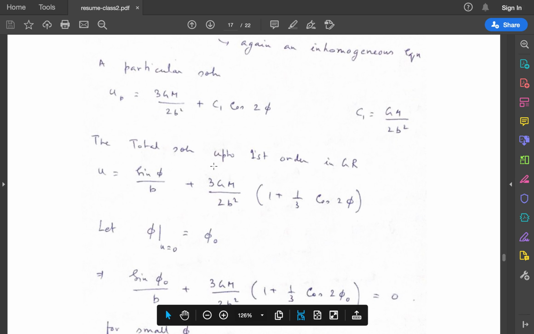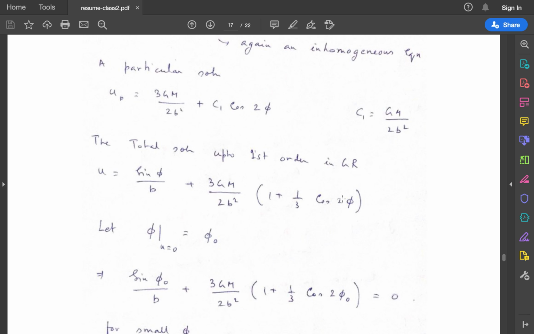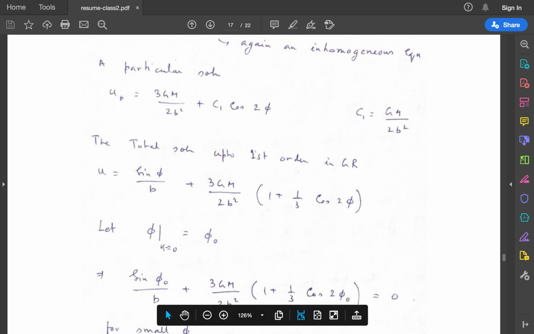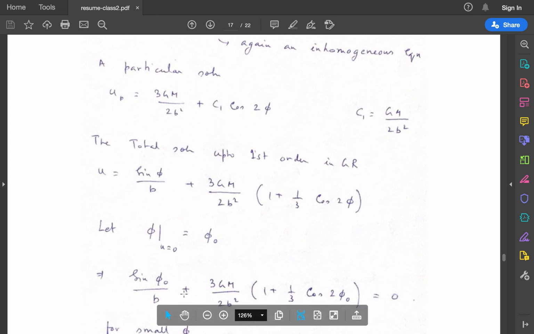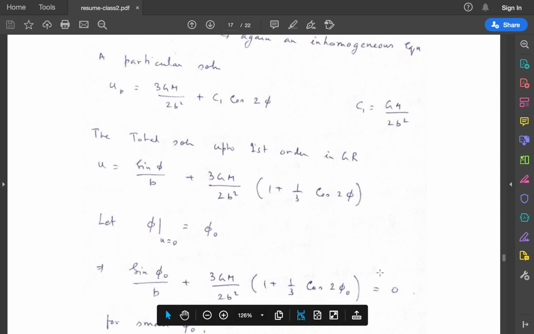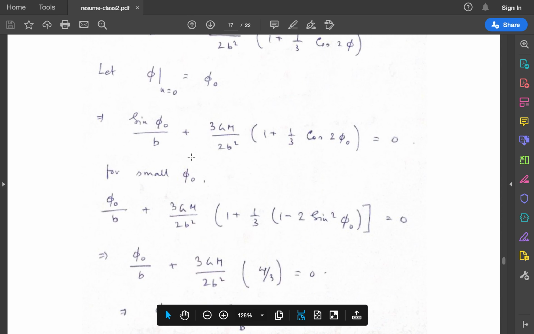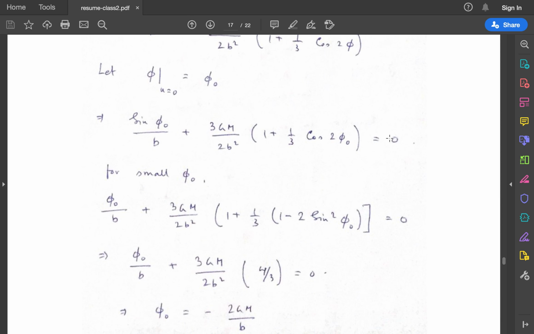So the total solution up to the first order in GR is sin phi by b. This is the Newtonian solution, and this is the GR solution. Let us say that for u equal to 0, we have the solution phi 0. If I put this solution in this equation with u equal to 0, we get sin phi 0 by b plus 3Gm by 2s b square (1 plus 2 cos 2 phi 0) equal to 0.